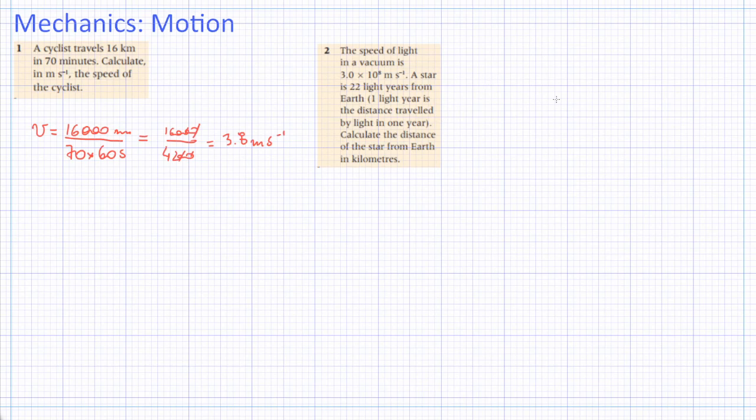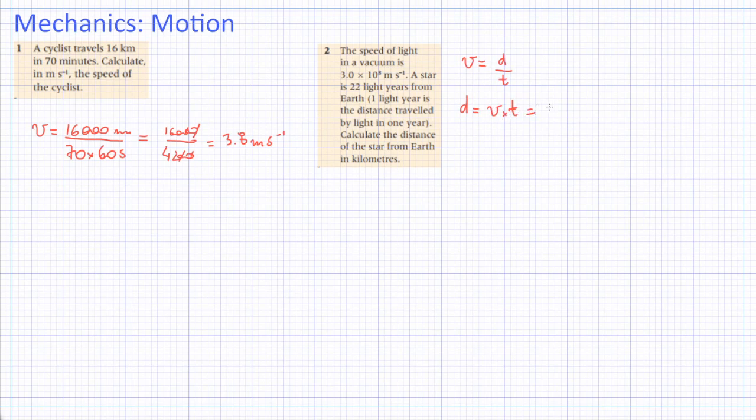Well, if light travels 3.0 times 10 to the power of 8 meters per second, we could multiply by how much it travels in a whole year. So if speed is distance over time, if we rearrange that, we would find that the distance is speed multiplied by time.